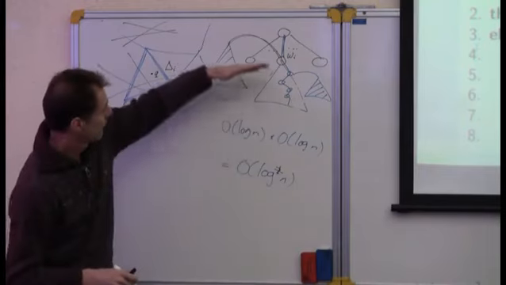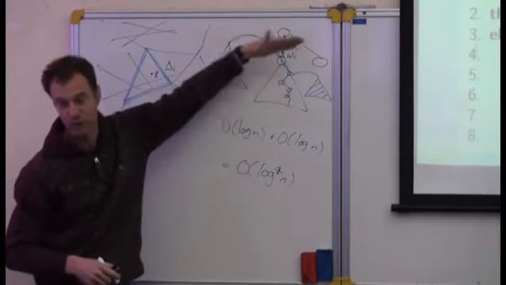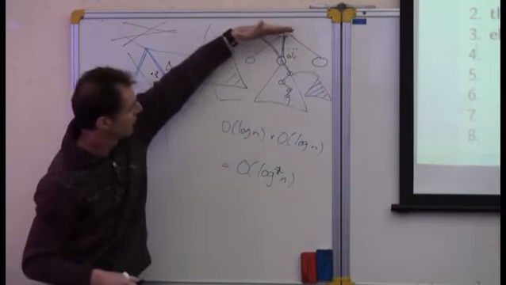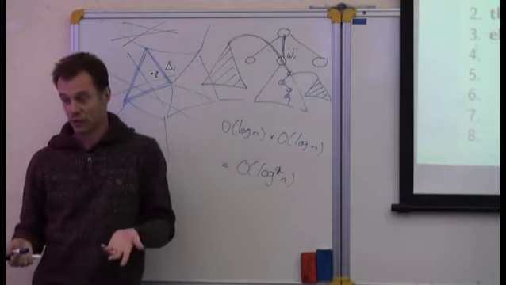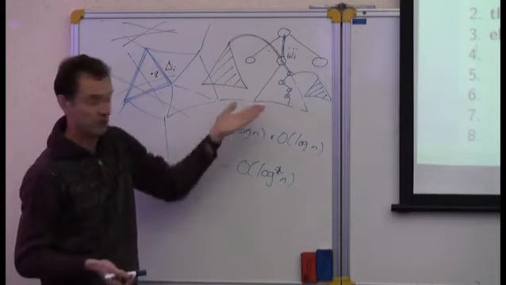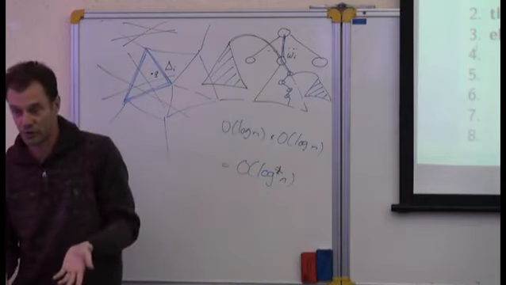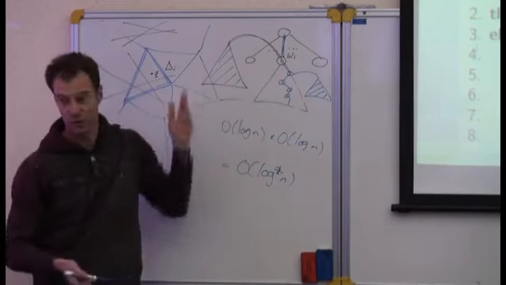So the problem is that here I have log n levels. For each level I spend log n time. So if in this main tree I could have less than log n levels, then, well, let's say a constant number of levels, then I only have a constant times this log n.